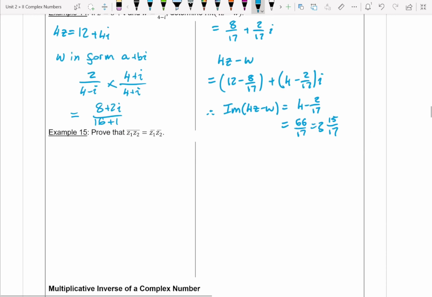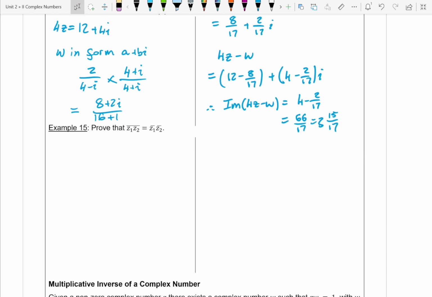All right, example 15. Prove that the conjugate of the product is equal to the product of the conjugates. So what we're going to do is let z1 equal a plus bi, let z2 equal c plus di, and then we're going to treat it as a left-hand side, right-hand side proof.